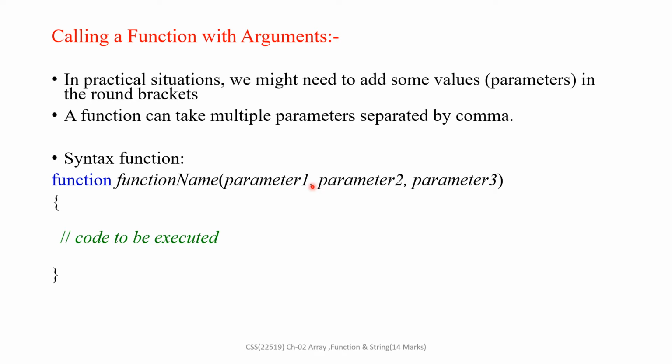In the previous example we only had to write function and function name, and there were no parameters. So this is with arguments or with parameters. That's why we have to write the parameters in the function name.